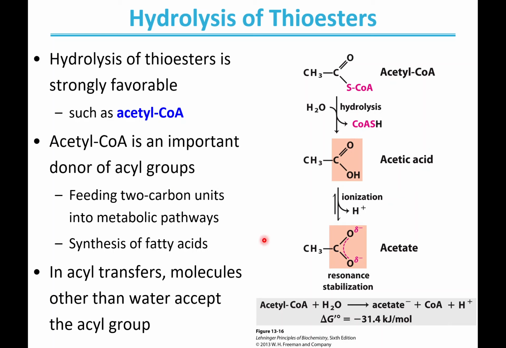This is how you feed two carbon groups into metabolic pathways. One of the important things you use these two carbon groups for is the synthesis of fatty acids. And acyl transfers move the acyl group to molecules other than water.